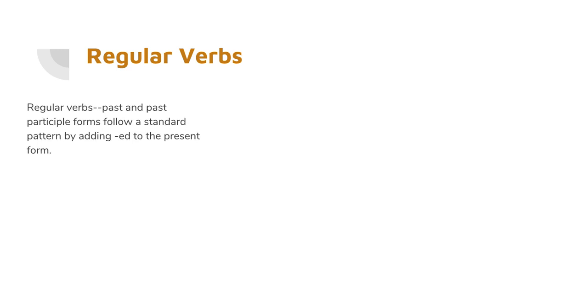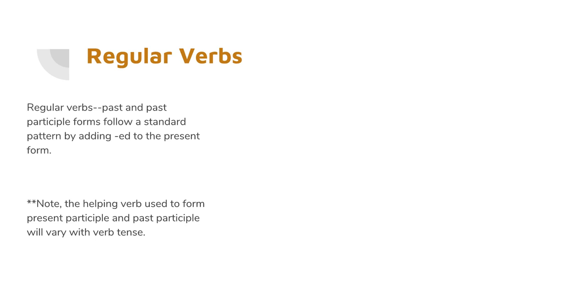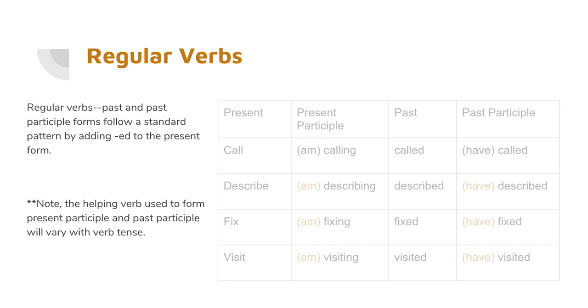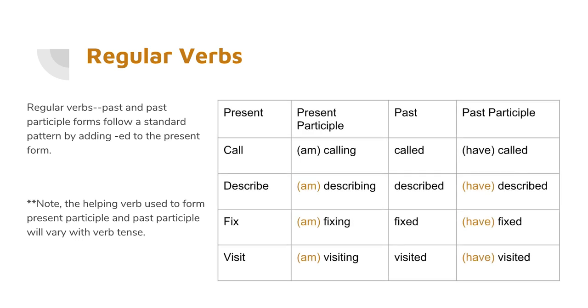So we're going to look at them in context of regular verbs where your past and past participle forms have a standard pattern. All of them are made past by adding ed to the present form, and that's what makes it a regular verb. A regular verb adds ed to the present form. The helping verb that's used to form the present participle and past participle may vary with verb tense. So, here's a chart.